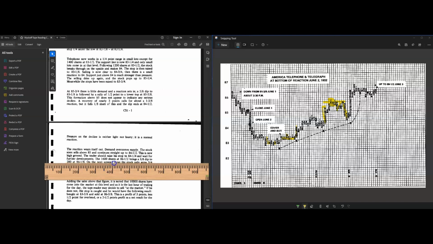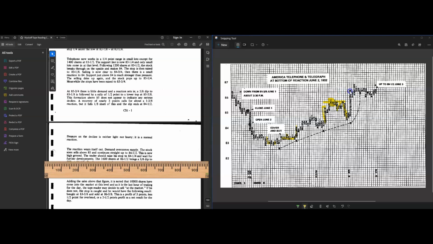The 1600 shares at 86.5 brings a 3/8 dip to 200. So let's examine this at 86.5.